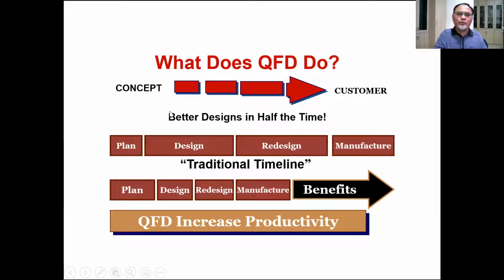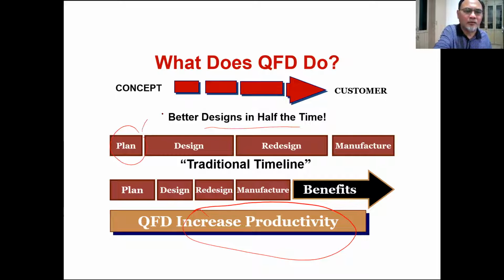So what does QFD do? You will improve or increase productivity, definitely. And you will be able to better design in half the time. The typical process is planning, an over-the-wall approach, go to design and then redesign because there are teething problems and problems that you cannot solve.